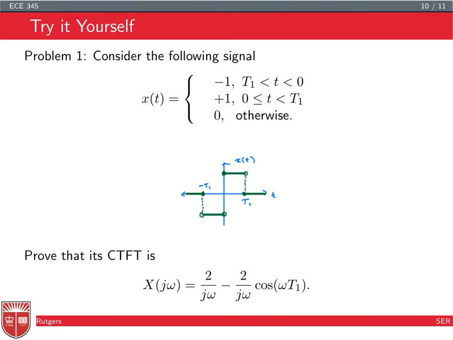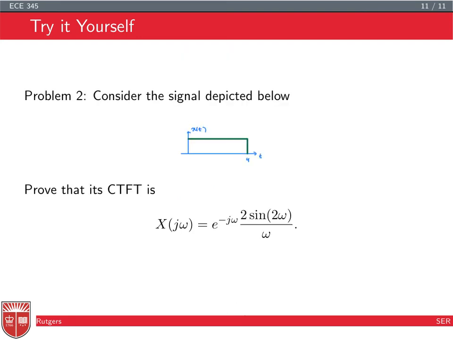I'm going to end this lecture by giving you a few examples to try yourself at home, and I'm giving you the answer here so you can double check your results. The first problem is to consider the following signal x of t given here in this figure, and it's also given by this expression, and to prove that its CTFT has the following expression.